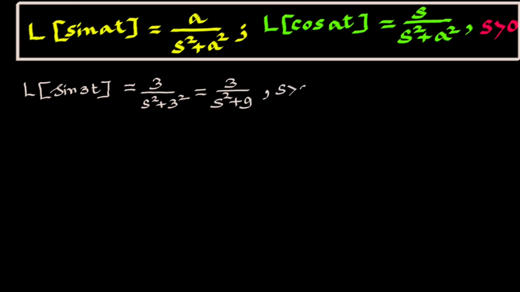S is positive. We have by addition formula sin of omega t plus alpha equals sin omega t cos alpha plus cos omega t sin alpha.